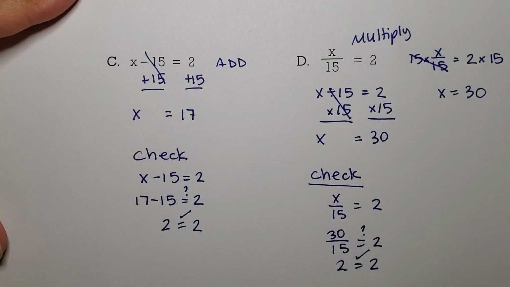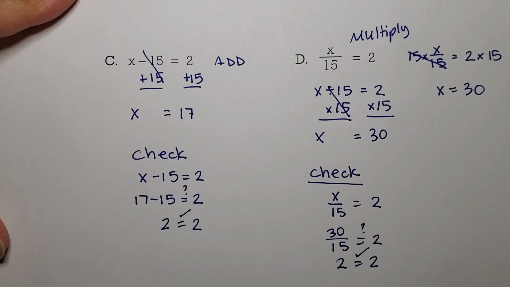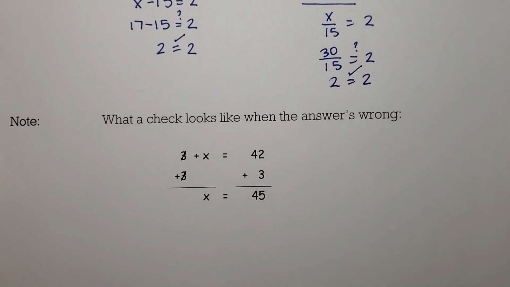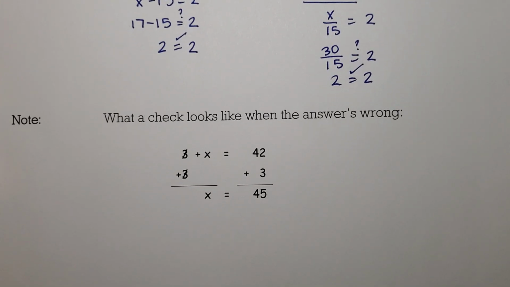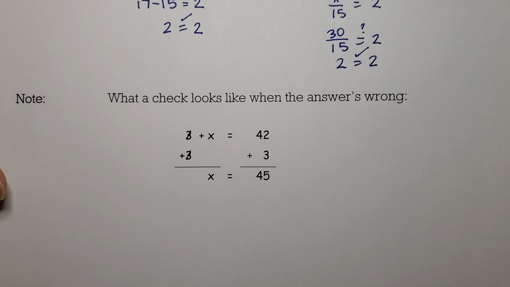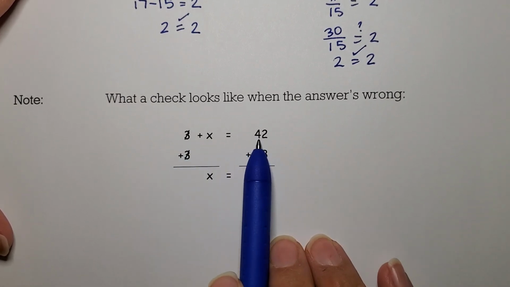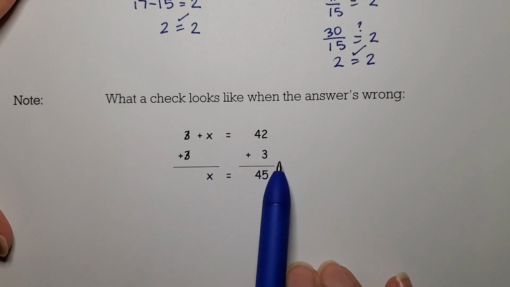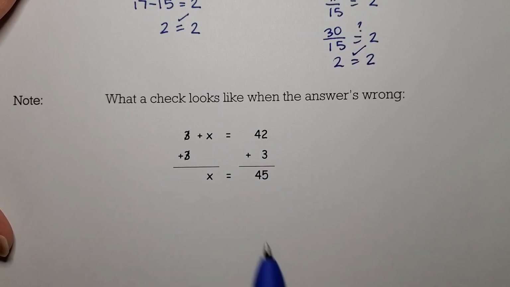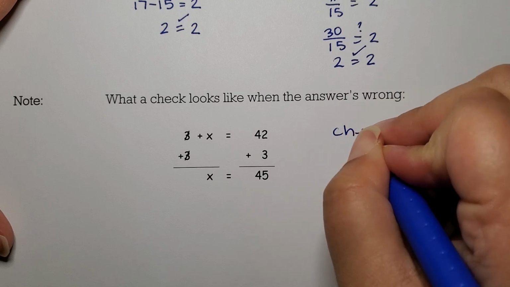Now, in each of these instances, when we did our check, we did the problem correctly, so it worked out. But what does it look like when a check doesn't work? Okay. So I have an example of some work here. This person did 3 plus x equals 42, and then they added 3 to both sides and got 45. So let's check their work here.